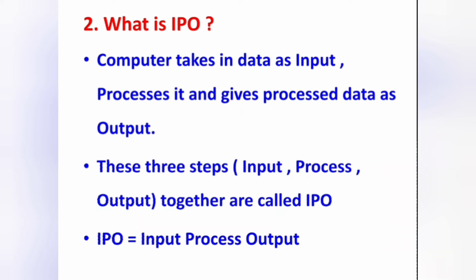These three steps, that is input, process, output, together are called IPO. Could you understand, children, what is meant by IPO? Shall we move on to the next question? Okay.